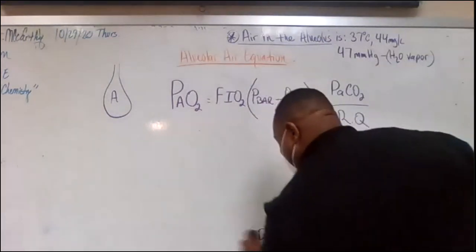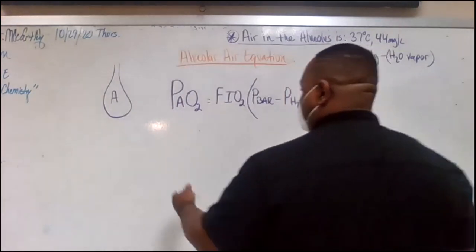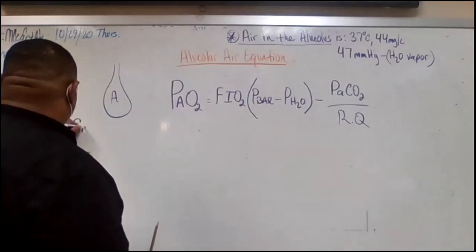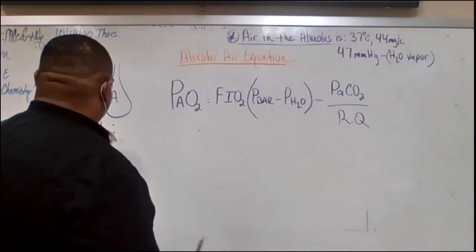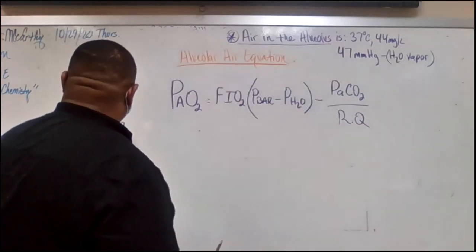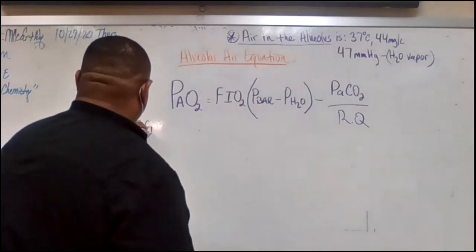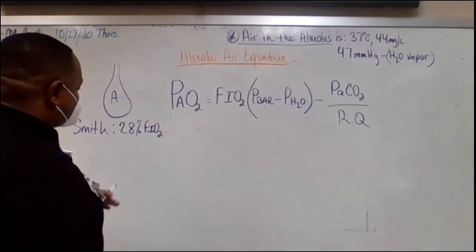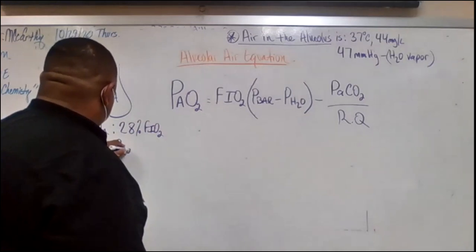Give you a new set of variables. Now, this is Mr. Smith. Smith is, let's just say, I got him on 28% FiO2. That's how much he's on. He's not on room air, he's on 28%. Okay, he's also at sea level.